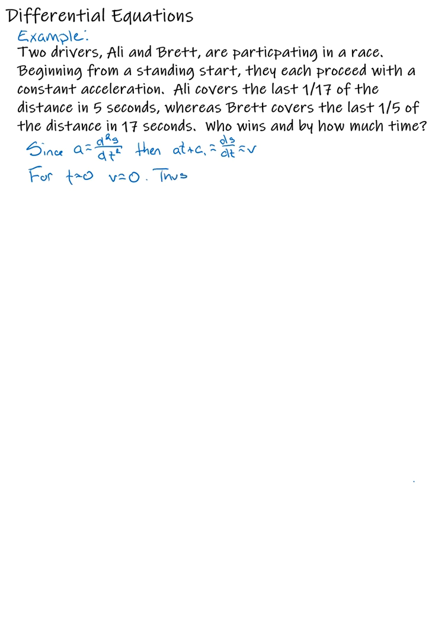Thus, taking that equation, we have A times 0 plus our constant is equal to 0. Solving this, we get that C1 is equal to 0. Hence, we have that AT is equal to ds/dt.